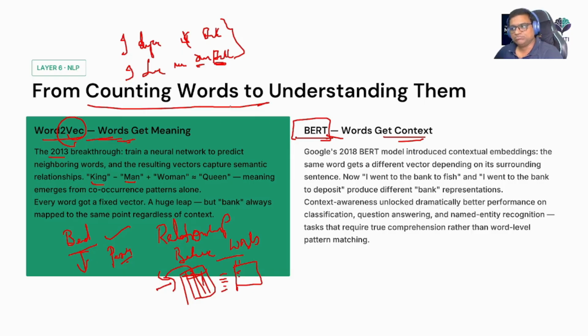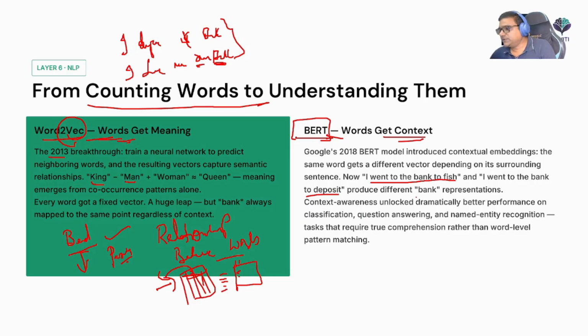How does it get the context? Simply based on the surrounding words. If you see, I went to the bank to fish. Fish means something in the water, so the context gives more clarity to define what bank is here. I went to the bank to deposit is related to money.